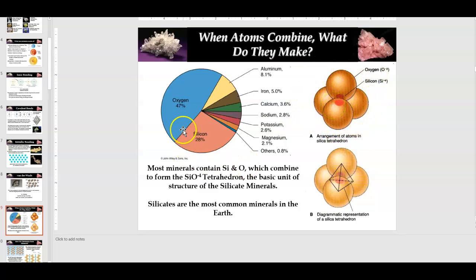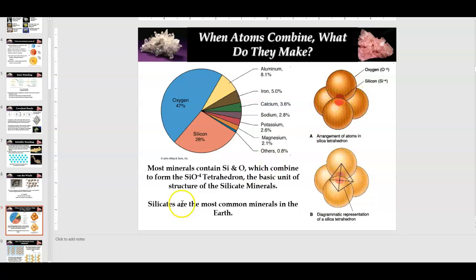The reason is that there's lots of oxygen and lots of silicon in the crust. They're the 2 most abundant elements, so we have lots of these types of minerals. They're called silicate minerals because they're made up of silicon and oxygen. The most common silicate mineral is quartz, which is SiO2, basically silicon with 2 oxygens.